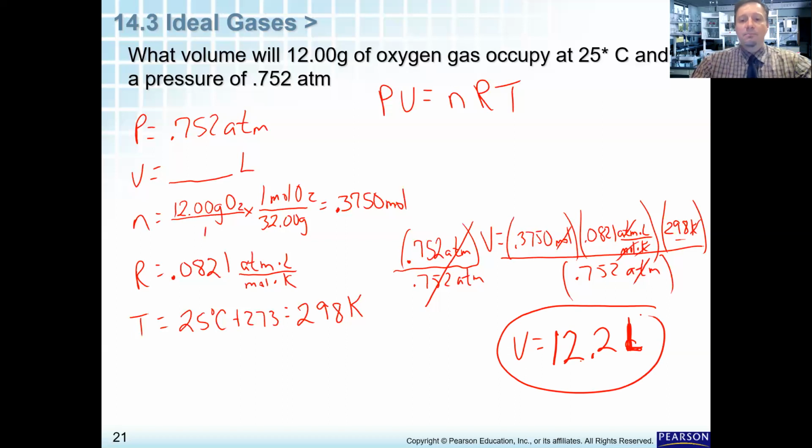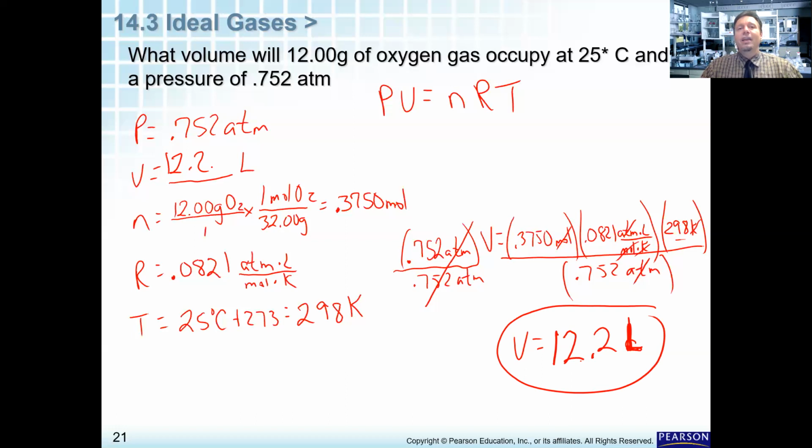So that is my final answer. So I can come up here and write that down, 12.2 liters. So I was given bits of information, and I had the amount of moles. They gave it to me in grams. That's no problem. I can easily convert, plug that all in, and I found my answer is 12.2 liters with 3 significant figures. So that is how you utilize the ideal gas law.